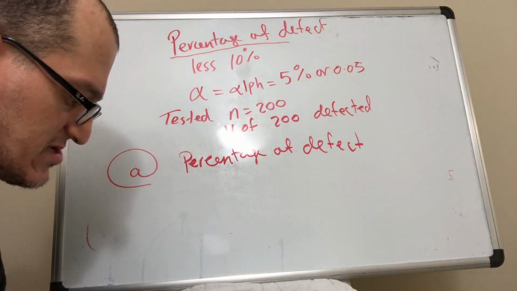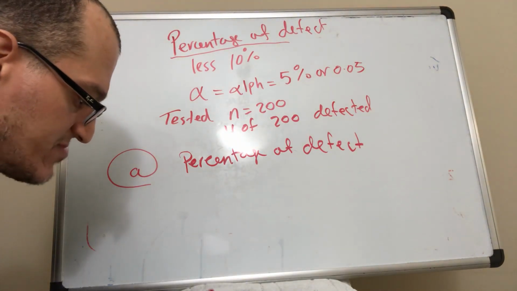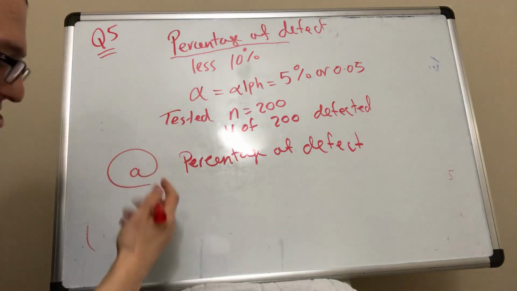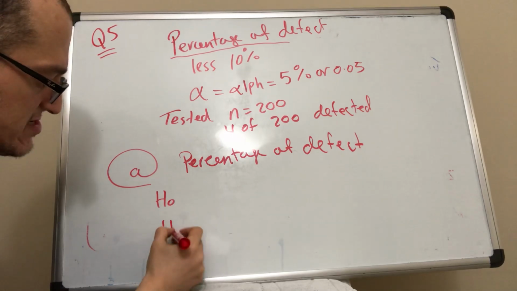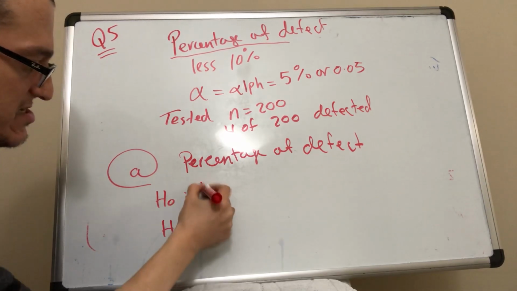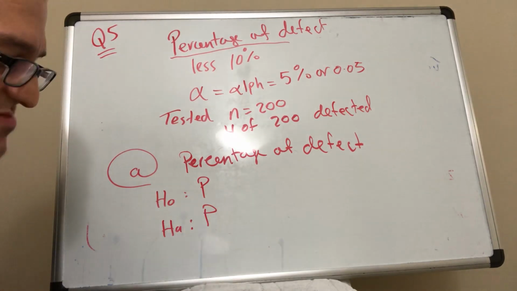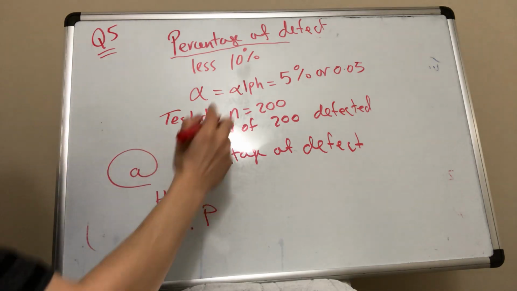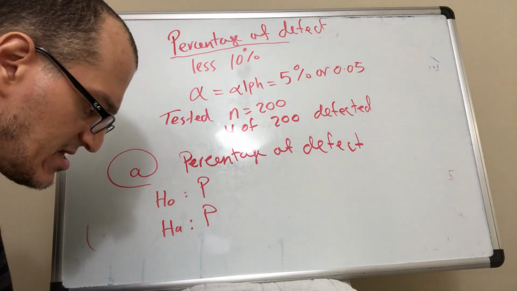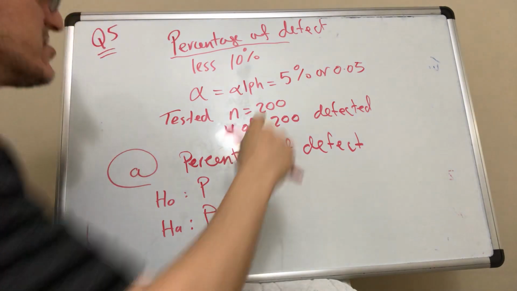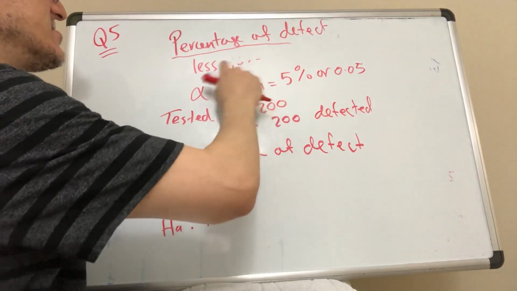Now we're going to test the hypothesis. Remember what I said earlier. When you do the hypothesis, you have the null hypothesis and the alternative. It's proportion, so we say P. They're hoping to have a P of less than 5%.